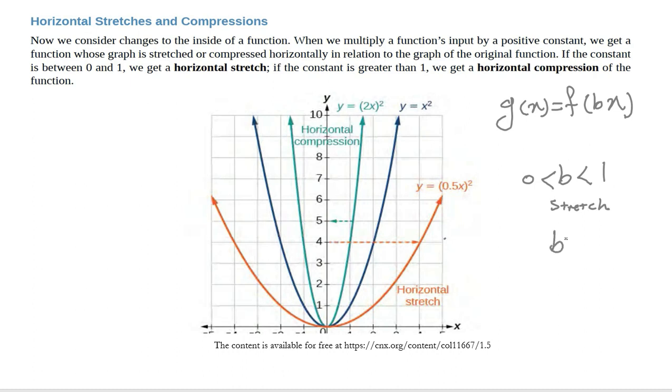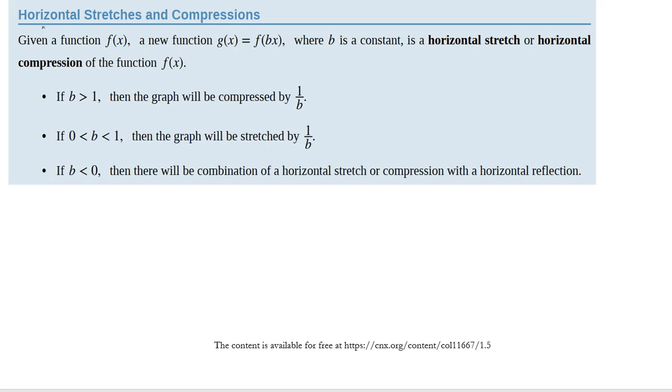And if b is more than 1, then we have compression. So for b more than 1, the graph will be compressed by 1 over b. For b between 1 and 0, the graph is stretched by 1 over b. And for b less than 0, there will be a combination of compression and stretch.